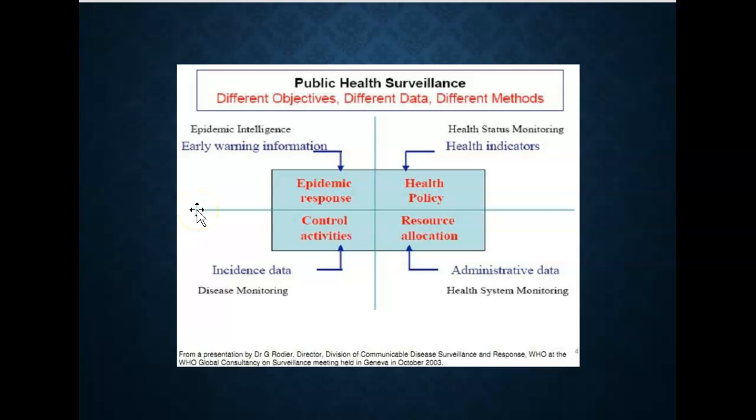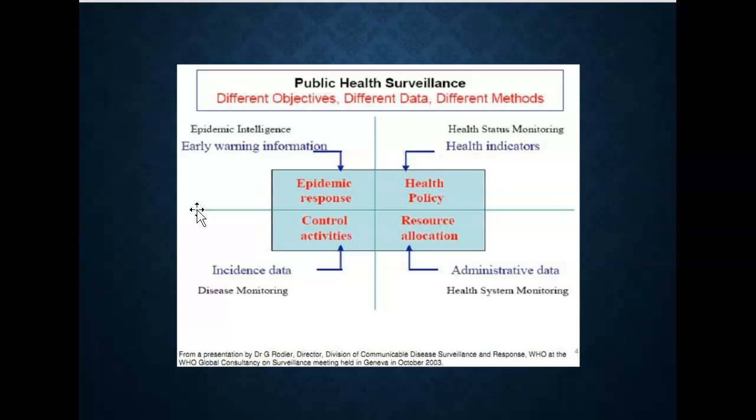Depending on the various types of information that is required, it could be for control activities, for disease monitoring, administrative data, health system monitoring, health indicators, so that's health status, or just early warning information.